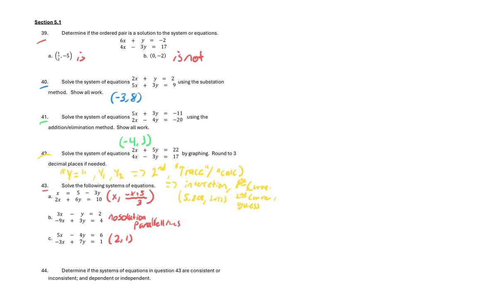All right, determine if the system of equations in question 43 are consistent, inconsistent, and dependent or independent. So from that, we can look at the solutions and notice that our solution here is consistent, meaning that there is a solution, but that's dependent upon a choice in x.